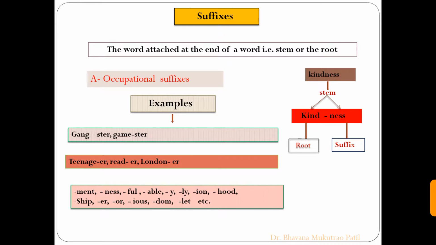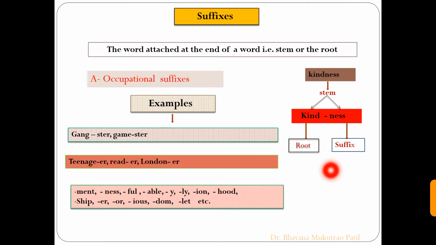Now in this way, in morphology, how the word or its form is studied is covered in this branch. We will study the types of prefixes and suffixes in detail in the next slide.